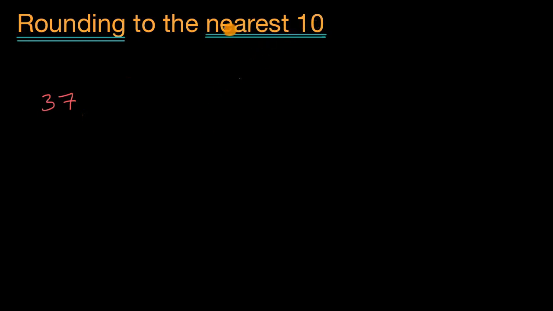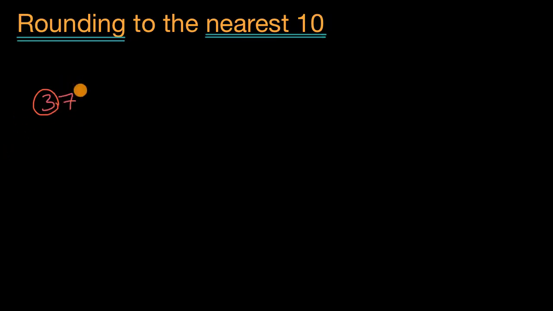So when they're talking about rounding to the nearest 10, we're going to be thinking about the tens place of the number. We can see right over here in our tens place we have a 3, and that 3 represents 3 tens. So the number 37 is 3 tens and 7 ones. It is more than 3 tens, and it's going to be less than 4 tens.